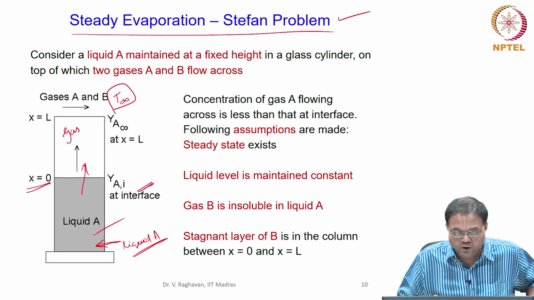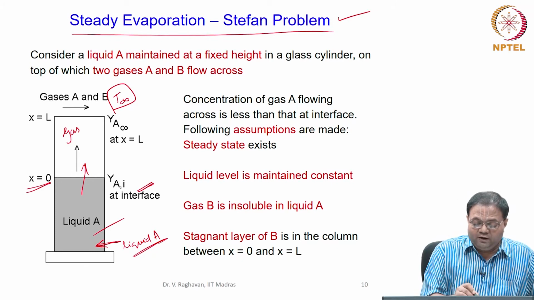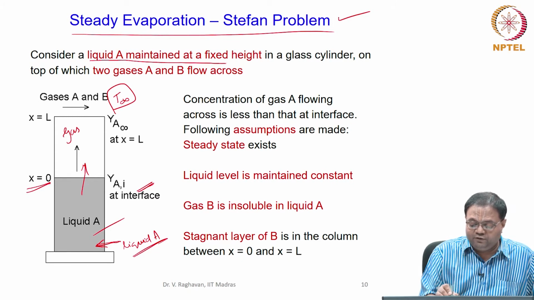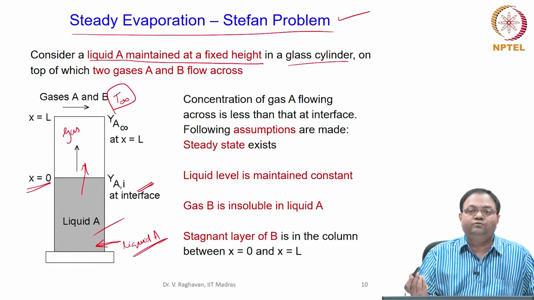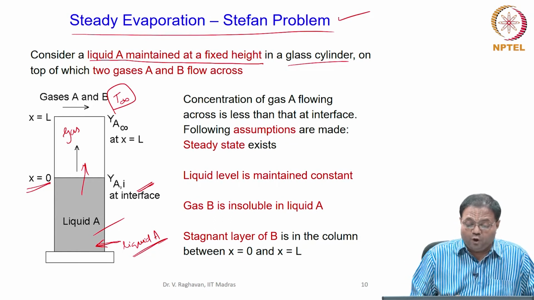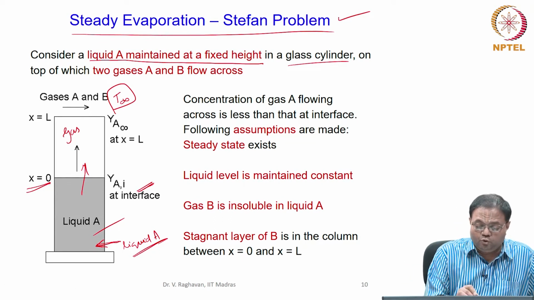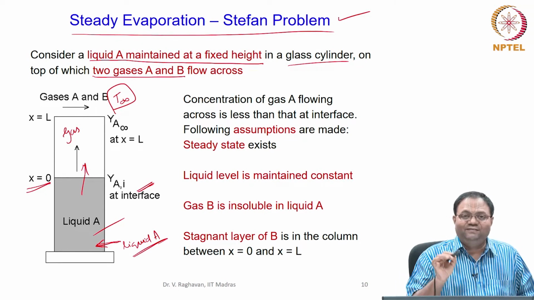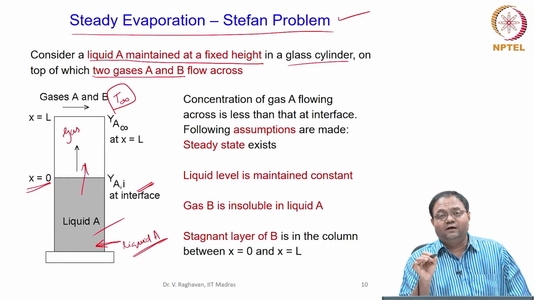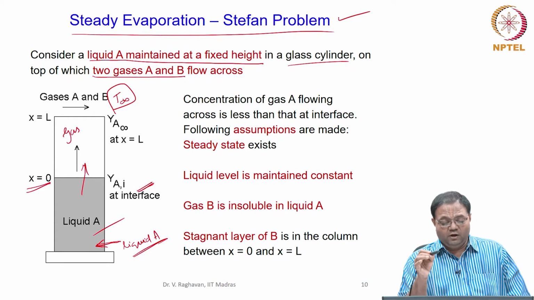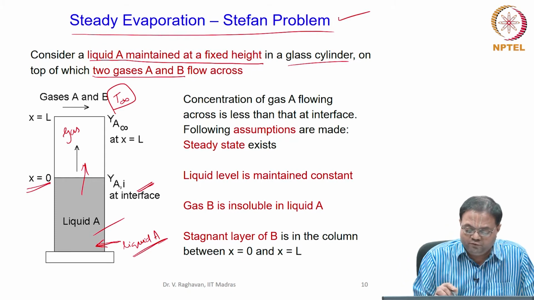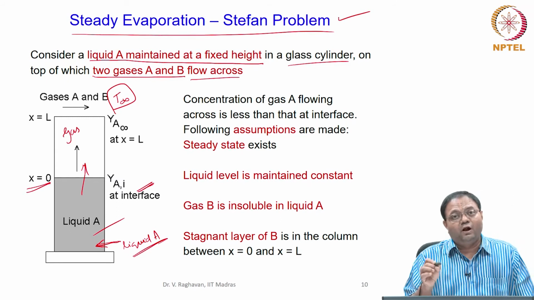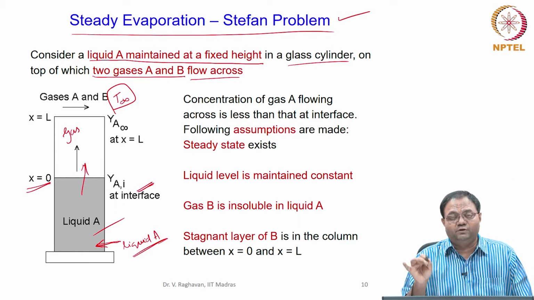So consider liquid A maintained at a fixed height in a glass cylinder or test tube. On top of this, two gases A and B flow. Please understand that gas A is a condensable gas, it is a vapor. Gas B is like nitrogen, a non-condensable gas under ordinary normal temperature and pressure.